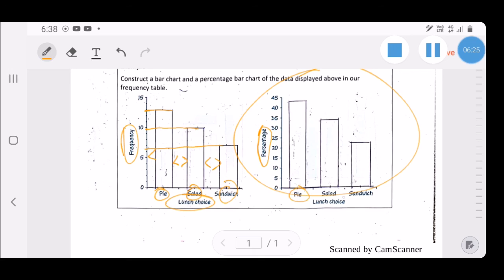But the horizontal axis is the same. Lunch choice with your 3 choices, except this time the graphs go up to the correct percentage. So what was it? 43.33% of people wanted pie. 33.33% of people wanted salad, and 23.33% of people wanted a sandwich.